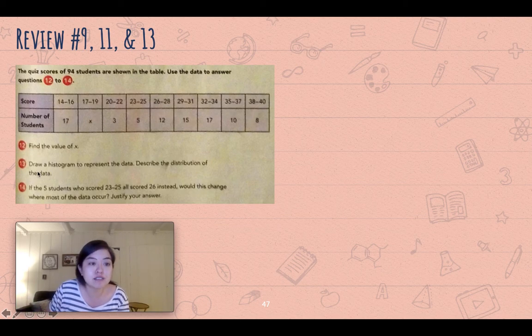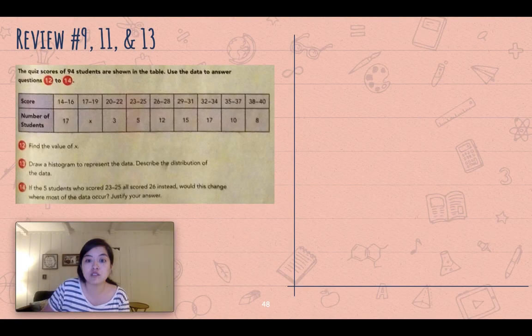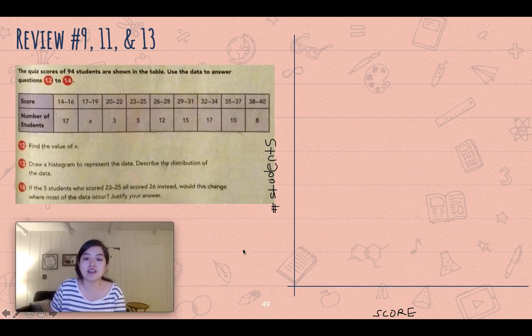But number 13 says draw a histogram to represent the data and describe the distribution of the data. So I'm going to draw the histogram for you. So first, I know I need a Y and X axes. And then I'm going to label my axes, where my X axis is the scores, and my Y axis is the frequency, and in this case it represents the number of students.